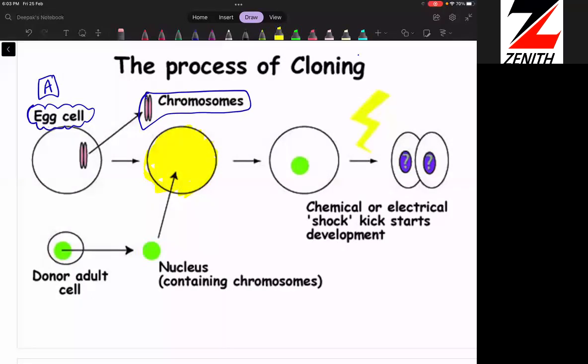That characteristic is there, but there is no nucleus in it. So what they do is from another organism, from the donor, they take a healthy cell. From that healthy cell, they take a nucleus. With the help of a needle, now this nucleus is being implanted inside the egg cell.